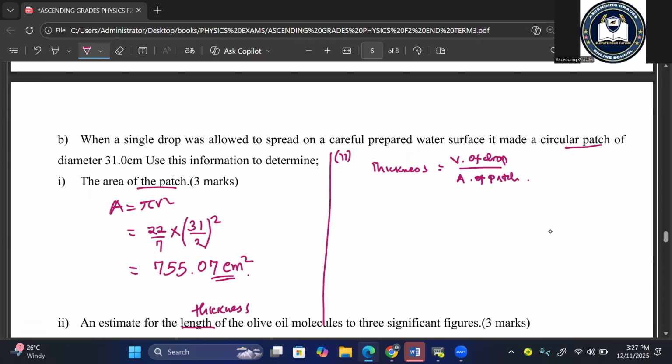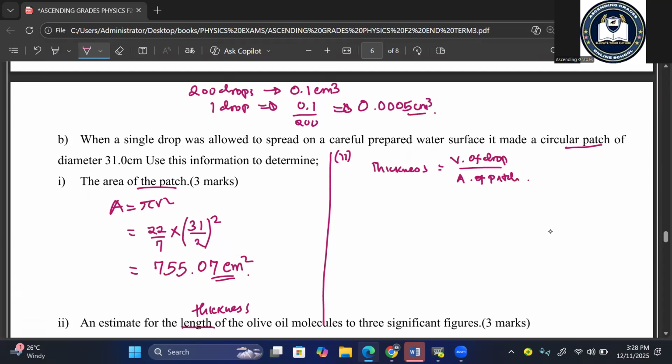But we got a volume of 200 drops. So 200 drops, they gave us a volume of 0.1 cubic centimeters. So one drop will be 0.1 divided by 200. And this is going to give us 0.0005 cubic centimeters.